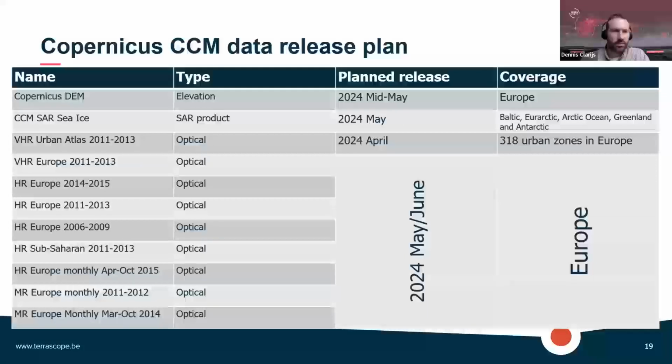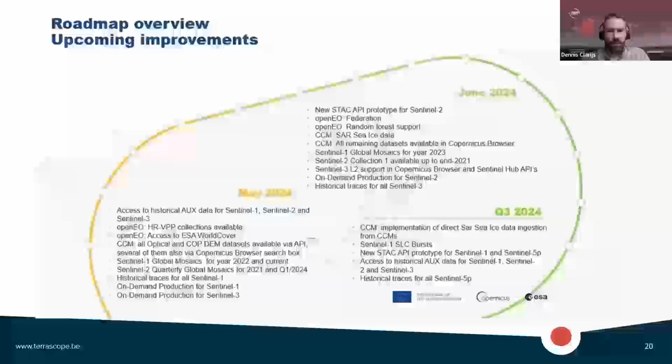To give an idea on the Copernicus contributing missions, you see here which data sets and which type of data sets are being onboarded at the moment and will be there soon to be visualized. This is a nice addition for users to explore these high resolution, medium resolution, and very high resolution data sets. All the other things on the roadmap are here.